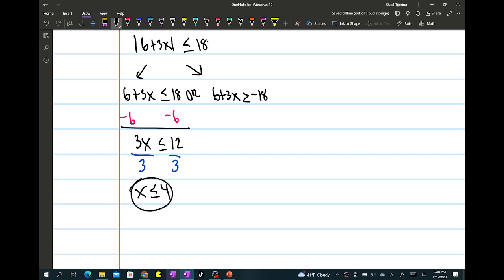Okay, so that's one of them. And now the other one, we're going to do minus 6 on both sides again, and then we get 3x is greater than or equal to negative 24, and then we're going to go ahead and divide both sides by 3 again. And we're going to get x is greater than or equal to negative 8.